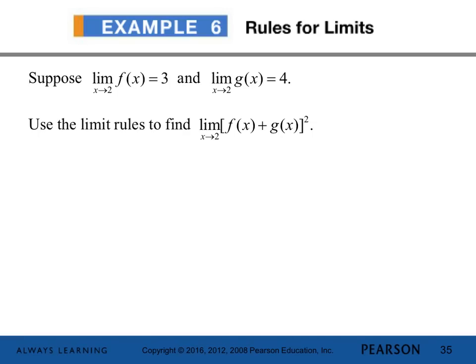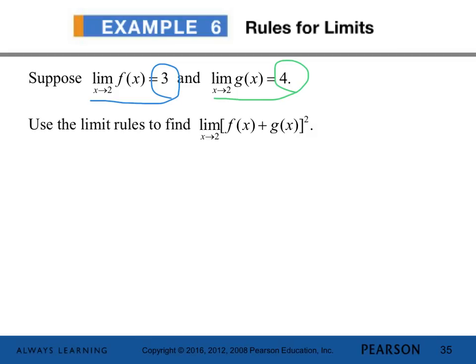To show you how some of these examples work, suppose that you know that the limit as x approaches 2 of some function f is equal to 3. And suppose that you also know that the limit as x approaches 2 of some other function g happens to be equal to 4.